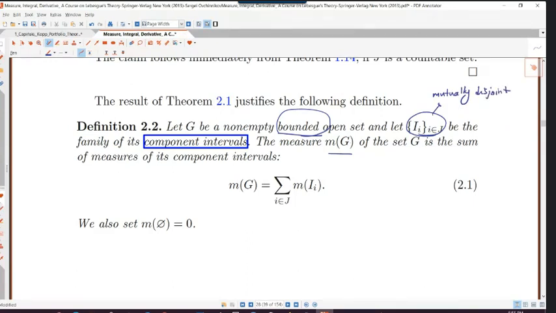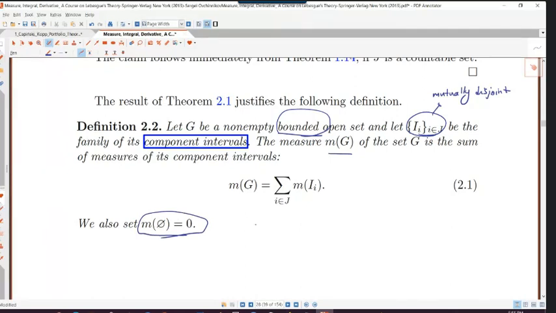And we use the previous theorem in order to define the measure of an open set. M of G equals the summation, sigma M of I, where I belongs to J. And we also set M of the empty set, the measure of the empty set, equal to 0.